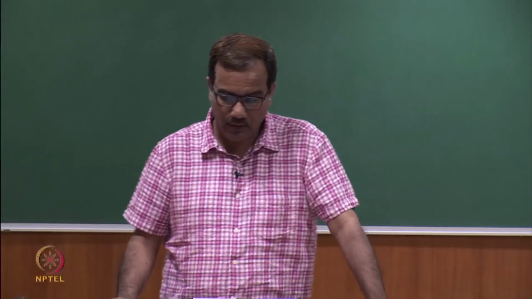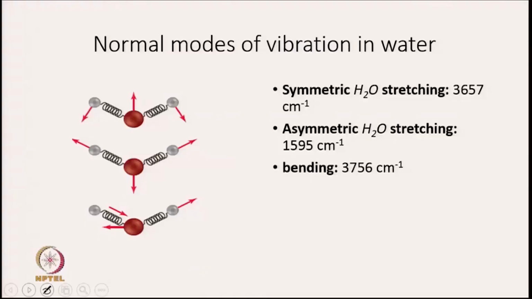Now, let us think about water. These are the 3 different normal modes of vibration. One is symmetric stretching, so everything is going in one direction. The vibration of symmetric H2O stretching is around 3657 centimeter inverse.